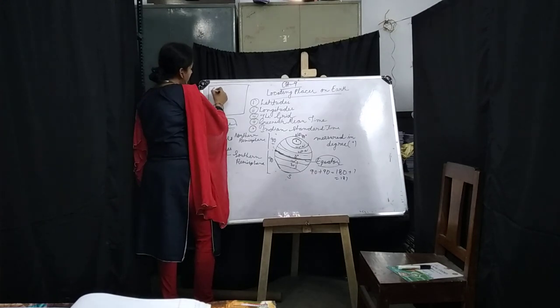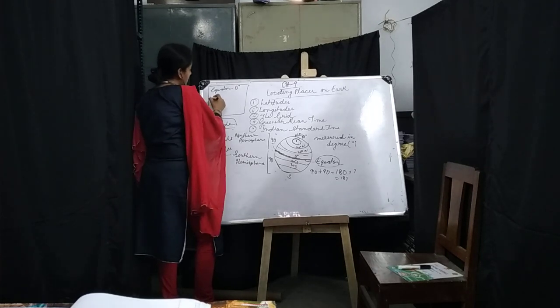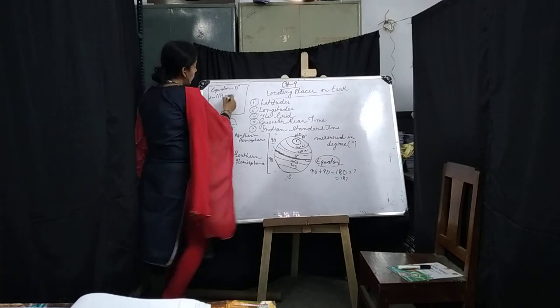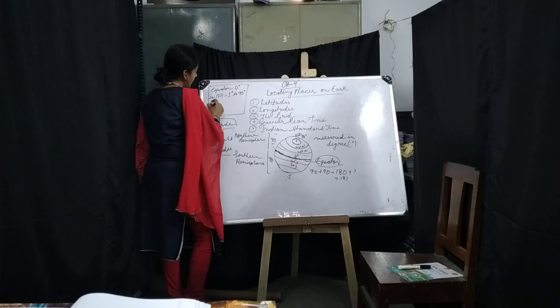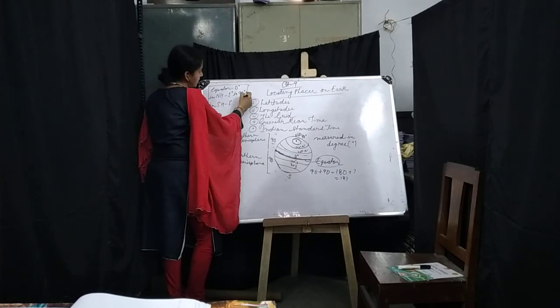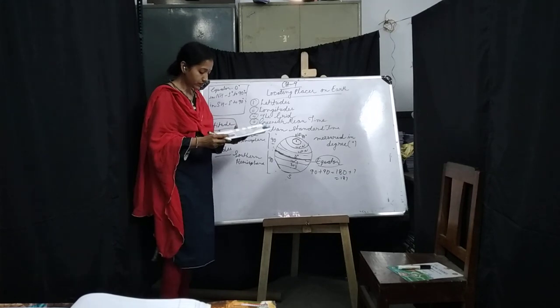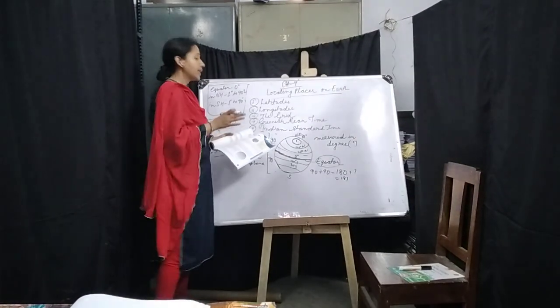At the equator, it's 0 degrees, in the northern hemisphere it is 1 degree to 90 degrees north, and in the southern hemisphere it is 1 degree to 90 degrees south. And the total number of latitudes is 181.